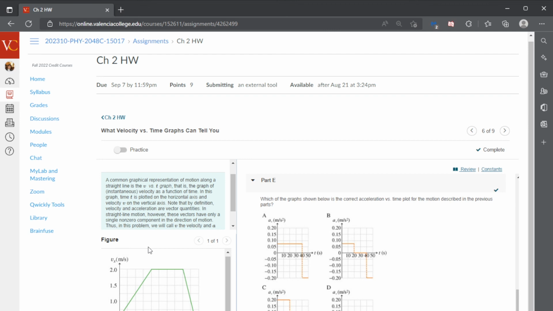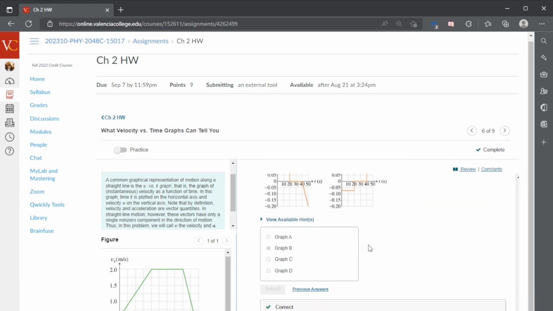It just keeps going straight from 20 to 40, and then the acceleration drops down. So the correct graph for acceleration versus time is B, and that's how you do the velocity versus time graph.